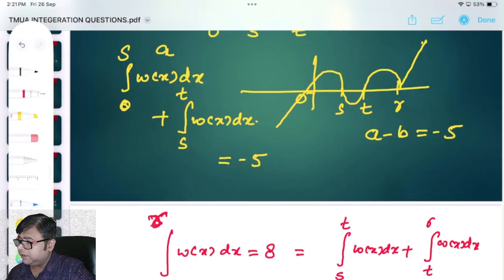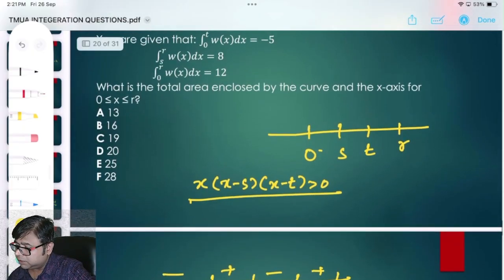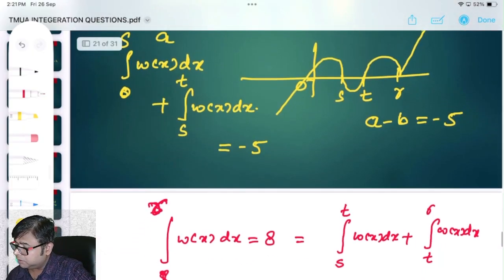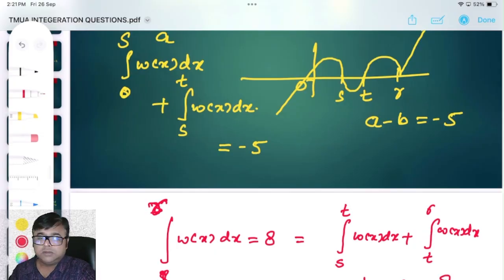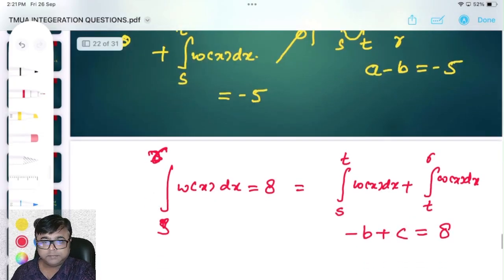It is given as 8. Now s to t is a negative value which I have taken as B. So minus B plus t to r. t to r is positive, let's say C. So minus B plus C is given to us as 8. So this is another equation that I've got.